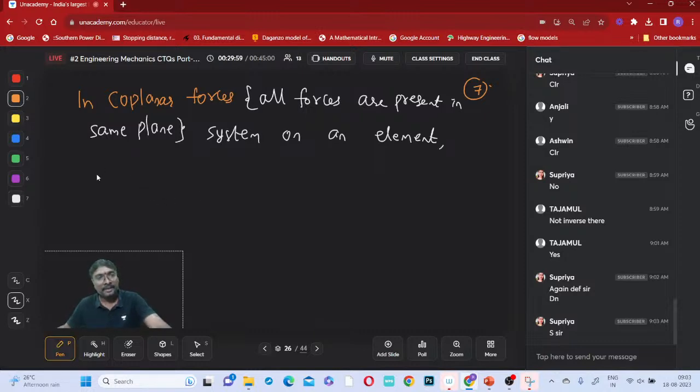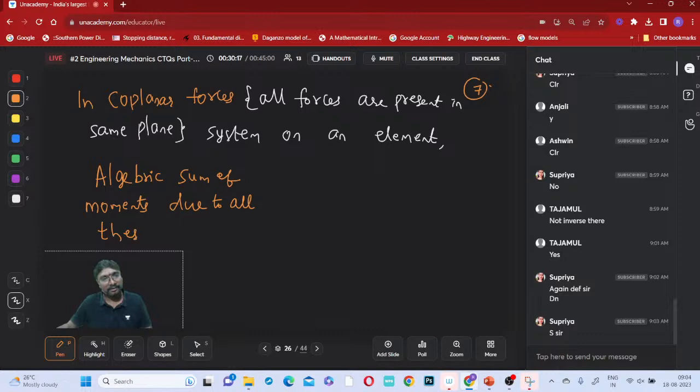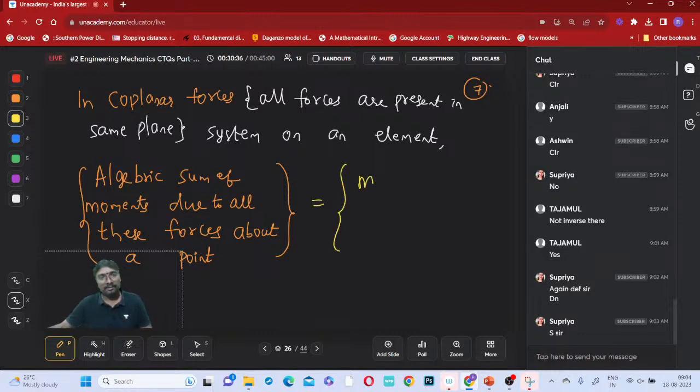So what happens? The algebraic sum of moments due to all these forces about a point will be equal to the moment by their resultant force about that point.